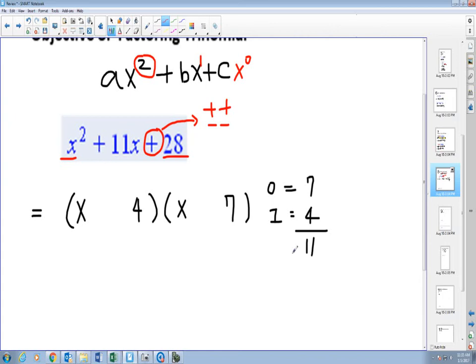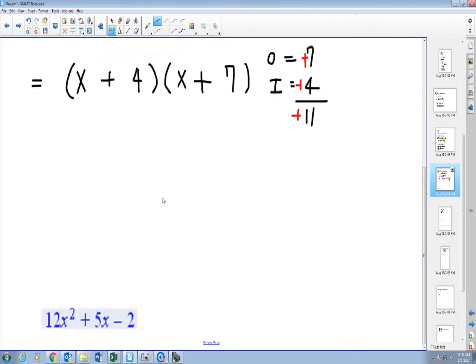If the middle term is a positive 11, both the 7 and 4 have got to be positive. So we put positive in both, and that's your answer. Alright, so we basically are performing the FOIL method backwards. Figure out the first, figure out the last, and then try our inner and outer combined, see if we can come up with the middle term.